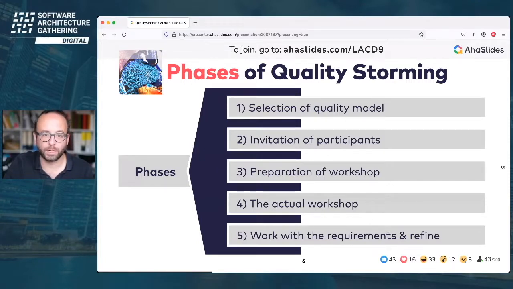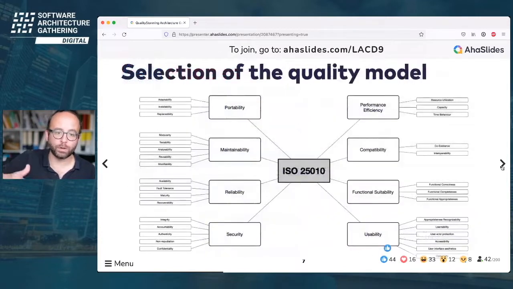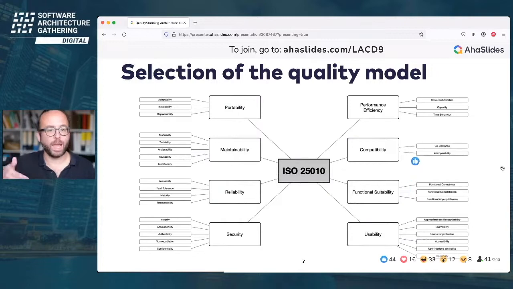So the first part will be the selection of a quality model. You should take a look. Maybe you already have a quality model as a driving factor for your software architecture in your organization. That's the first thing that I would look out for. Maybe some testers, some quality engineers, or other folks have already propagated such a model for you, and there is something that already exists.